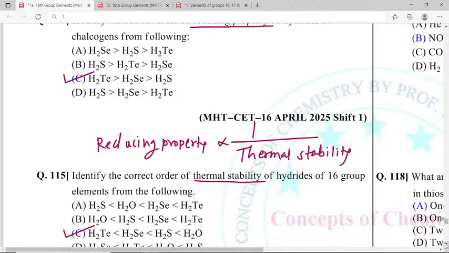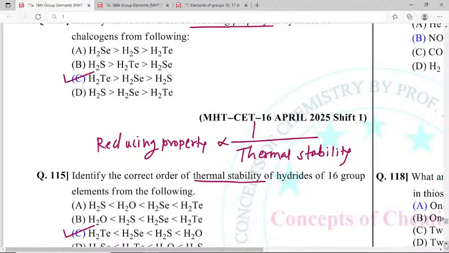I think one more lecture for 17 and 18 group elements, and then we move toward physical chemistry: thermodynamics, electrochemistry, kinetics, ionic equilibrium, solid state, and then 11th standard at the end, 10 days before the exam. That is one chapter per day.